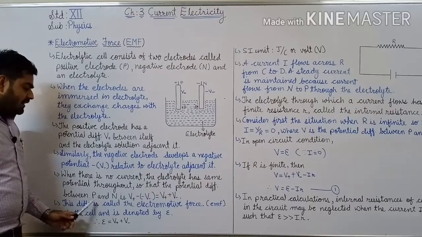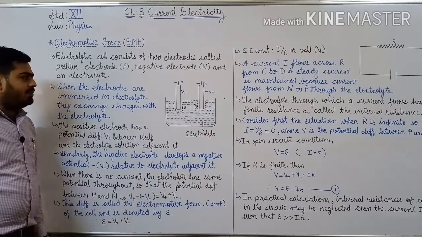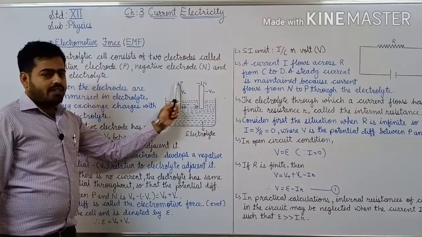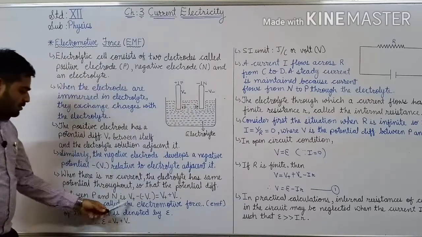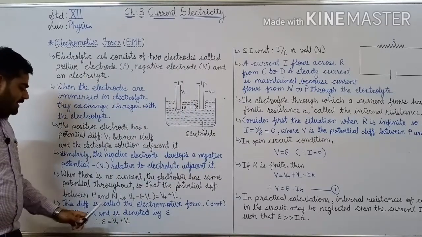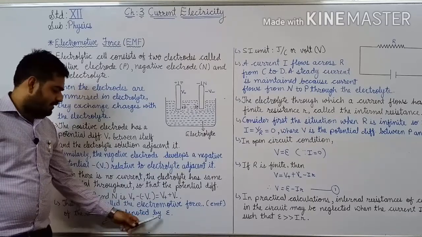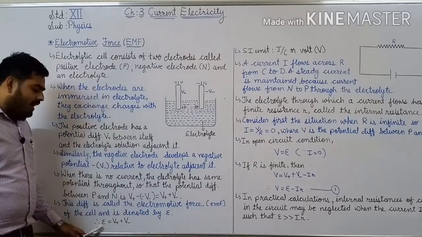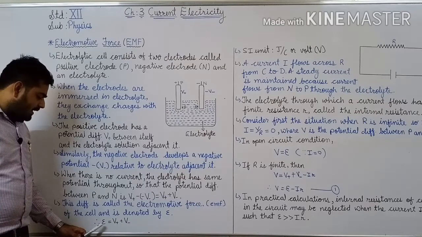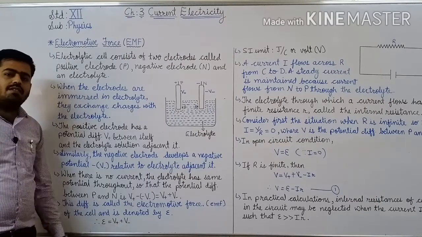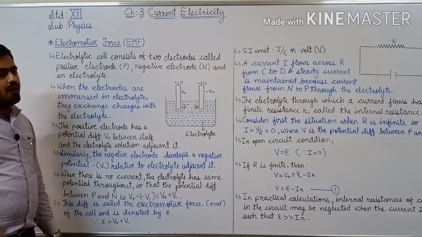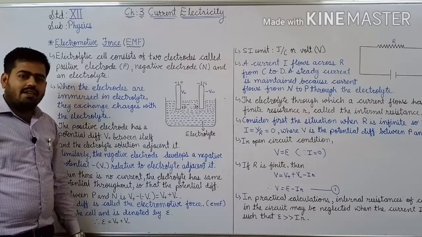This difference of potential between P and N is called the electromotive force of the cell and is denoted by E. So the formula of EMF is E is equal to V plus plus V minus. About EMF, you have already studied in chemistry.